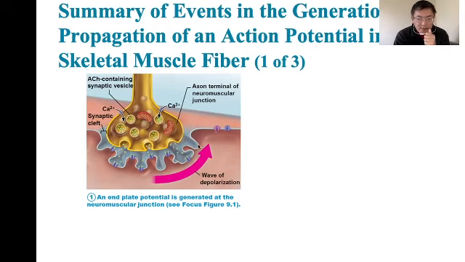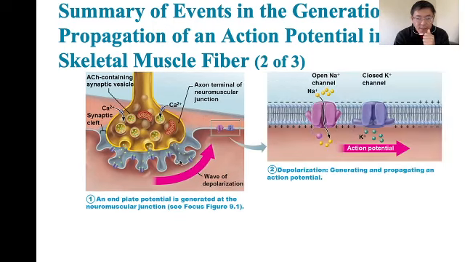Do you still remember the end plate potential? This end plate potential is generated from the junctional fold. The end plate potential can then travel to the adjacent sarcolemma to stimulate this sodium channel.